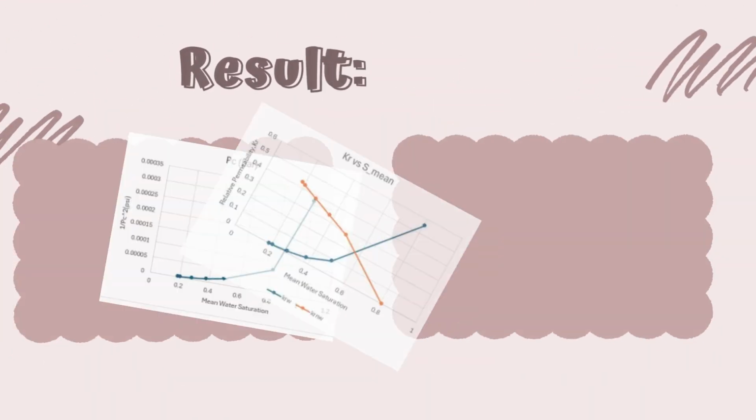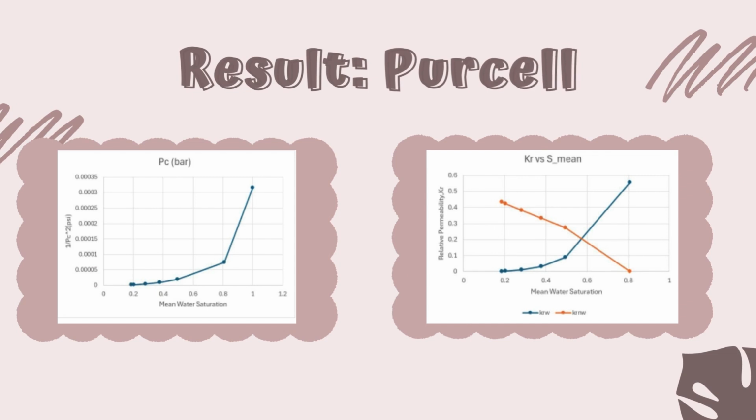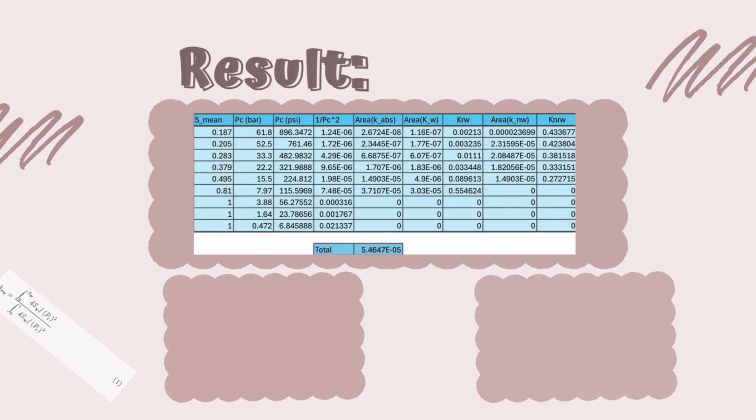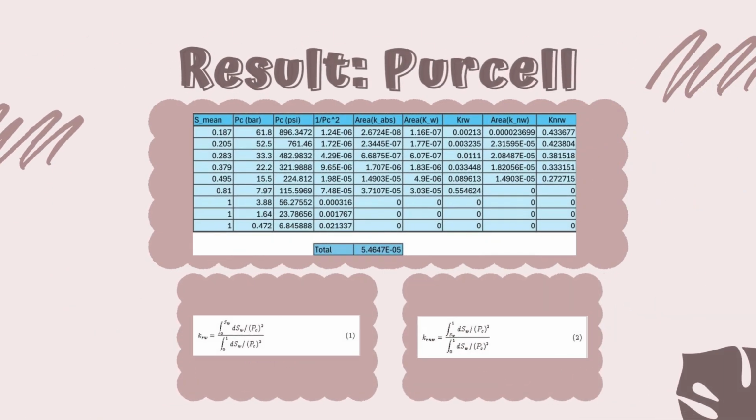Okay, for the Purcell method, we also plot the same graph, which is mean saturation versus 1 over PC squared, and a second graph, which is mean saturation against relative permeability for the wetting phase and relative permeability for the non-wetting phase. The only difference from the Virgin method is we don't need to find the total saturation ratio for effective permeability of the wetting phase and non-wetting phase.